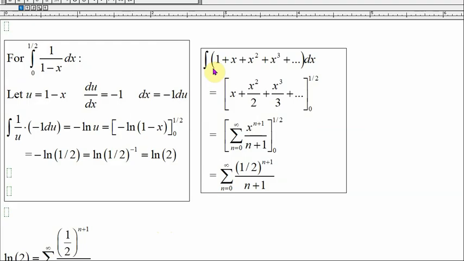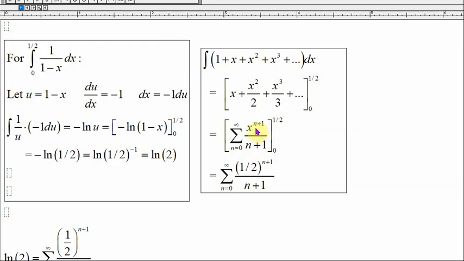And then for this part, we just get x, and then x squared over 2, and x to the third over 3, and so on. And then we can rewrite this as the summation with the expression x to the n plus 1 over n plus 1, where n starts at 0, evaluated from 0 to 1/2.